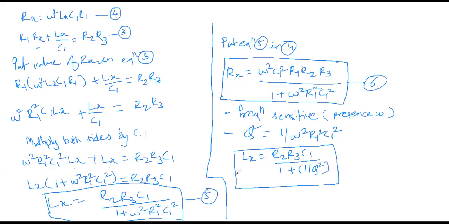Is there any doubt? If you got all the points, then we'll move forward to solve numericals based on this bridge. After 4, I have initiated one test. You can see it on your Moodle account.